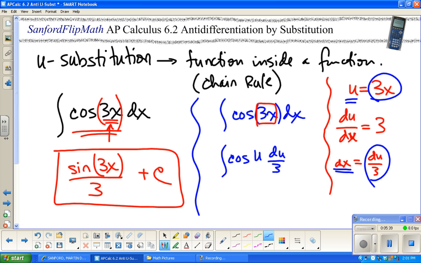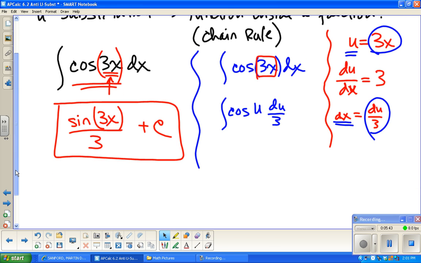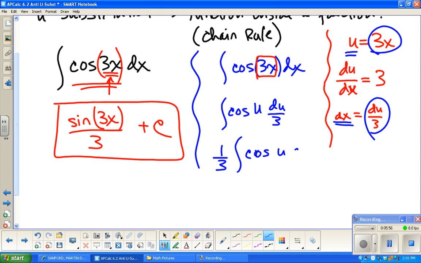Okay, now because this is pretty much all multiplication, maybe you could argue that it's division too, I can bring that 1/3 out front, and this becomes cosine u, not cow or cow, cosine of u du. So now what I'm going to do is the antiderivative of cosine of u du. Well, I already know what this is.